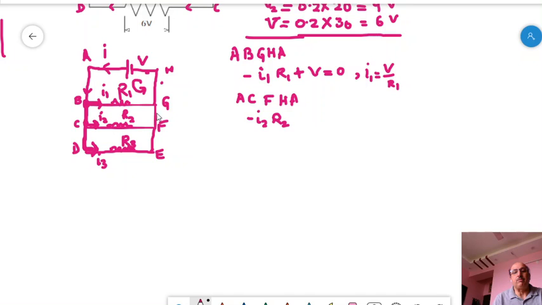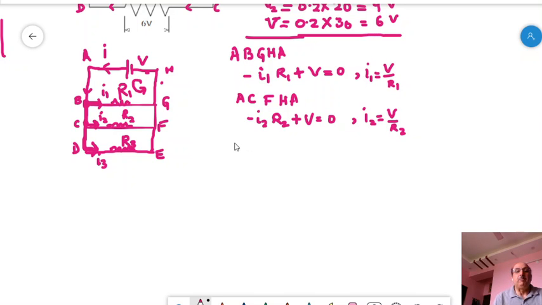Then we reach F, then we reach H, then we reach A, passing through the appliance V. So it is plus V is equal to 0, or I2 is equal to V by R2.